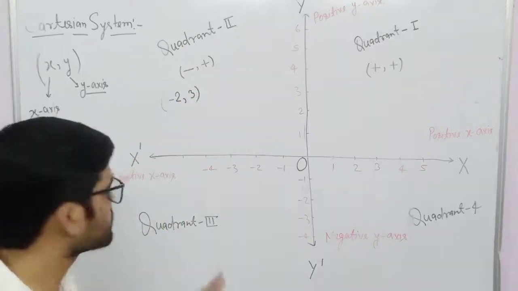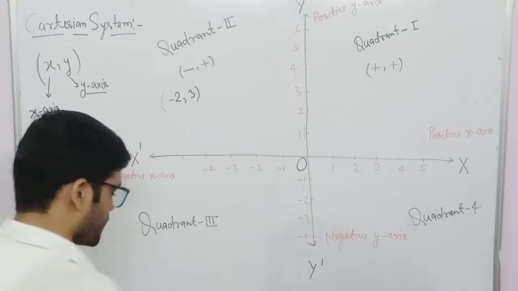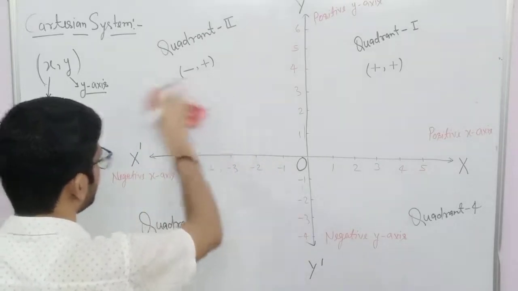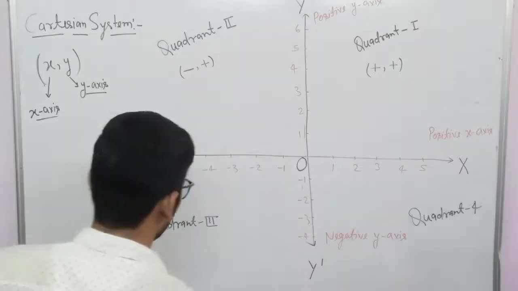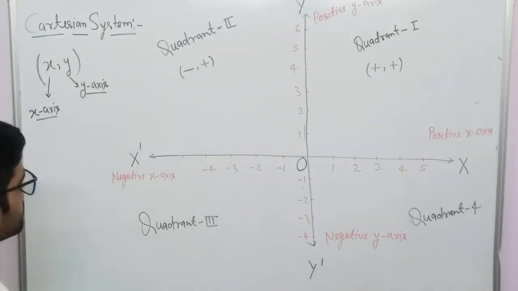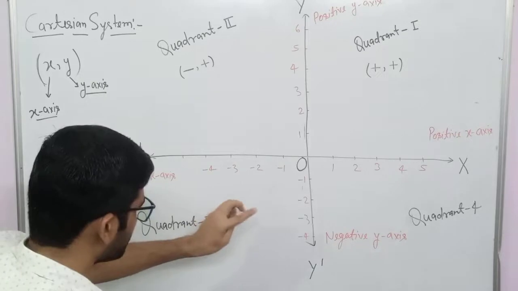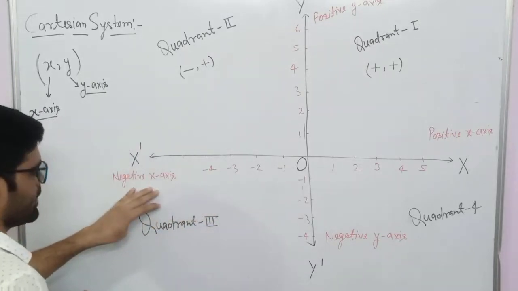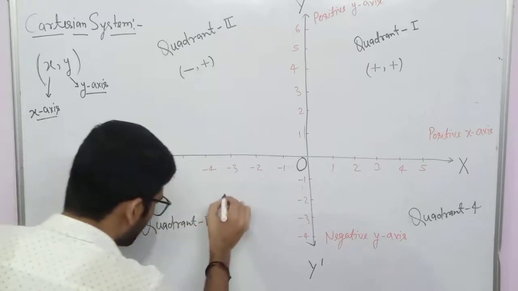You can write that. Okay, now the sign of the third quadrant. First we go to the x-axis, here x is negative, so you can write x negative for the third quadrant.